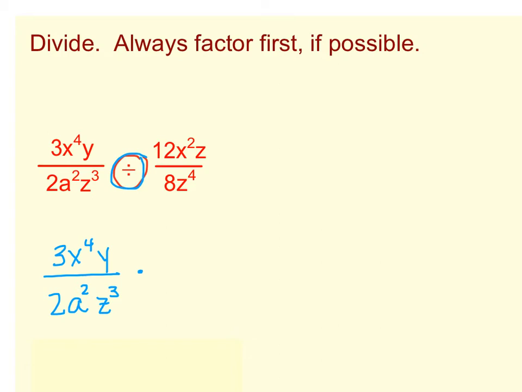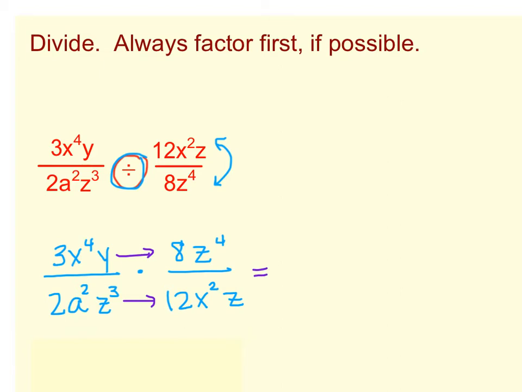We're going to multiply by the reciprocal, and then we're going to go ahead and flip the second fraction. 8z to the 4th over 12x squared z. All right, so now that we're multiplying two rational expressions, first look to see if you can do any factoring. If you notice, we don't have any addition or subtraction in here, so no factoring to be done, so we'll just multiply straight across and reduce our answer.